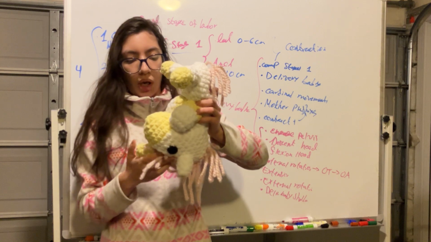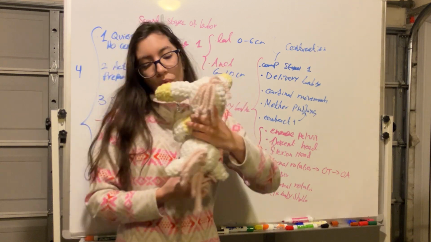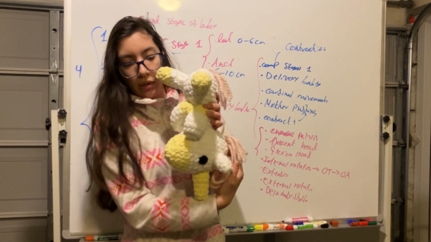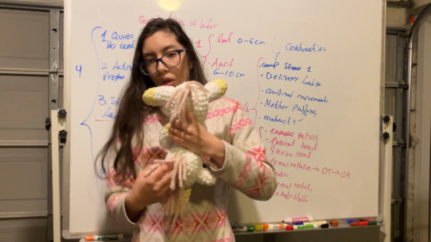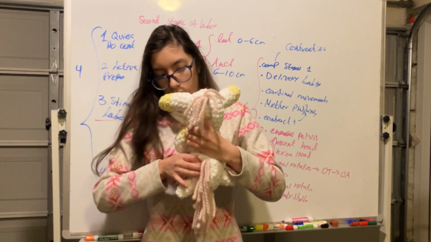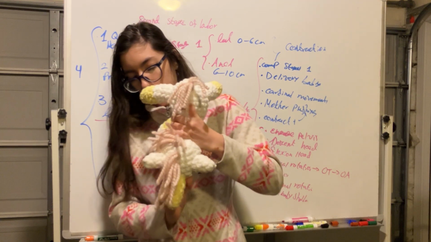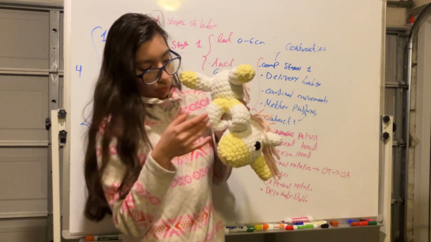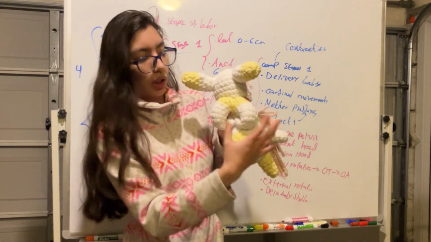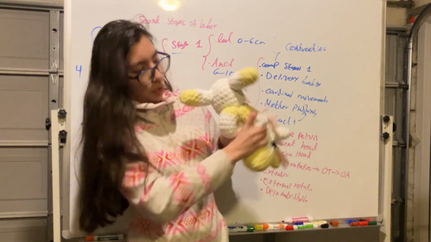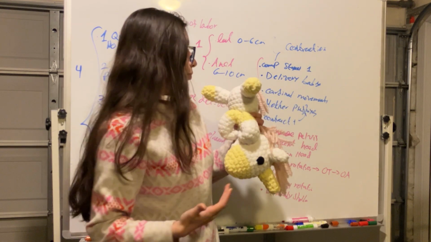Then we will have an internal rotation, which transitions the variety of position from occiput transverse to occiput anterior. Then we have extension of the head, then external rotation, and then delivery of the head, delivery of the anterior shoulder, and then delivery of the posterior shoulder. And this is the correct position.